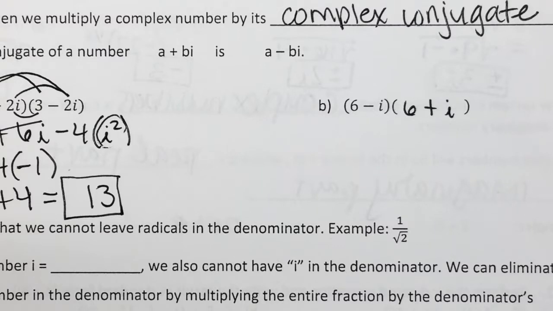And y'all, I know notes aren't the funnest thing, but I promise you when we do this checkpoint in a minute, you're going to need these notes. So make sure that when I write something, you write something. Because you get to use your notes on your checkpoint.